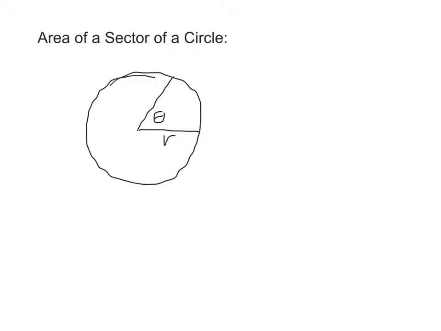So let's assume we've got a circle and we have a sector, and basically we want to determine the area of this whole piece here, this slice of pizza, if you will, okay? So we know that angle is theta. We know the radius is r, okay?